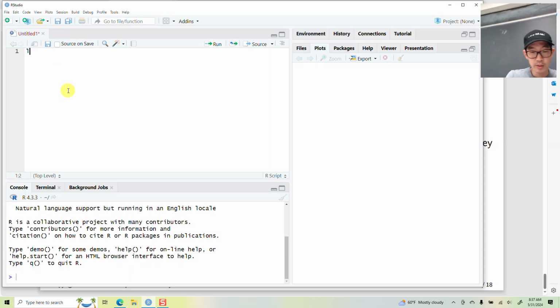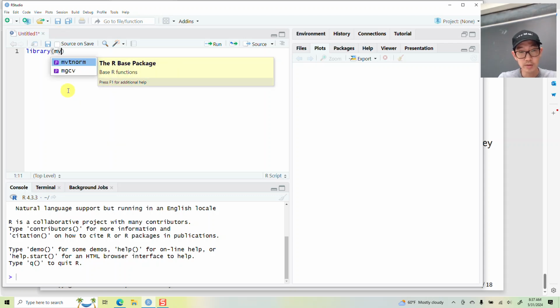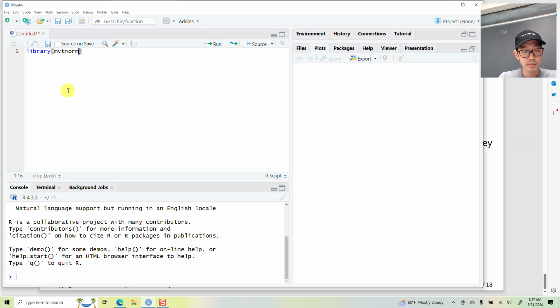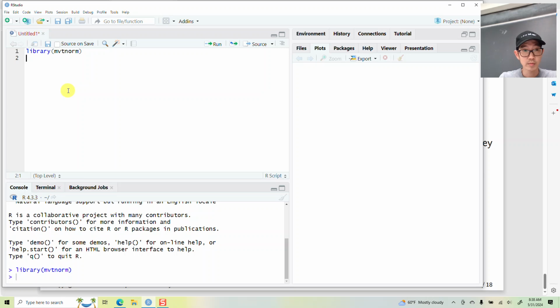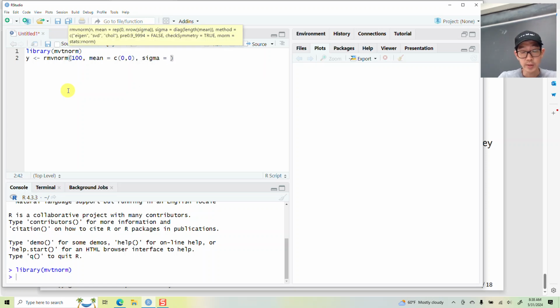Okay, so let me load library MVT norm. And let's create a matrix Y, rmvnorm. I want 100 samples. Mean will be 0, 0. And then sigma, let's create correlated variables.